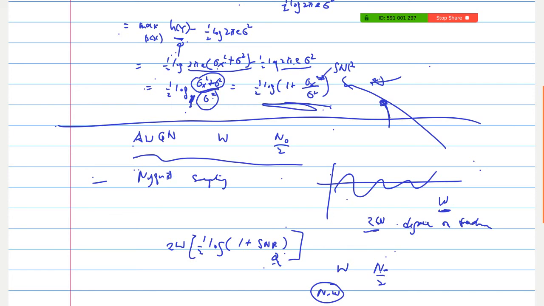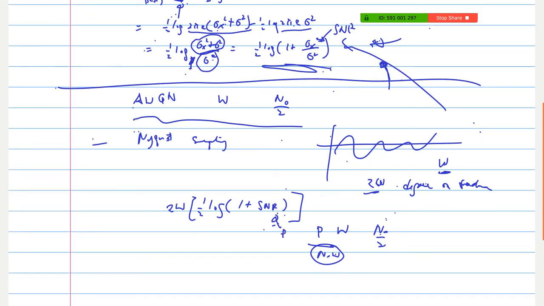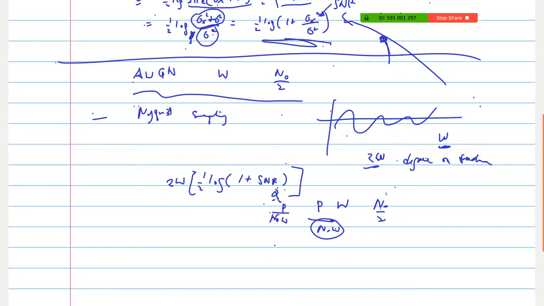The power of the signal is simply P, so the signal-to-noise ratio I can just write as P over N0W. After cancelling the 1/2 here, the whole thing will be W times log of 1 plus P over N0W.